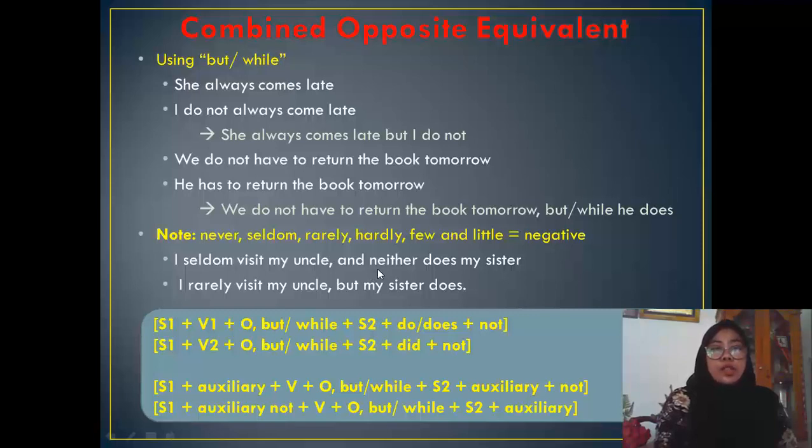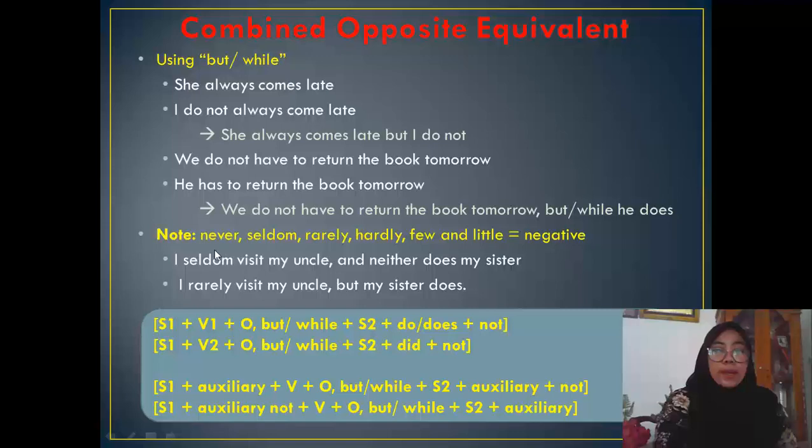Okay, because you use neither, it is "neither does my sister", not "does not" here. If you use either, then after "my sister" it must be "does not either".